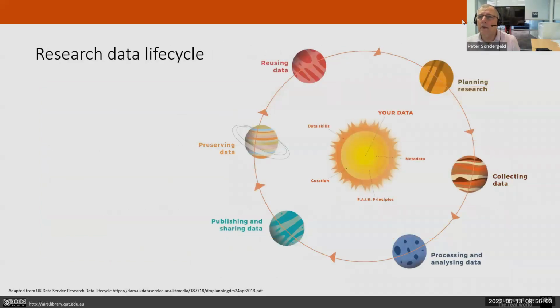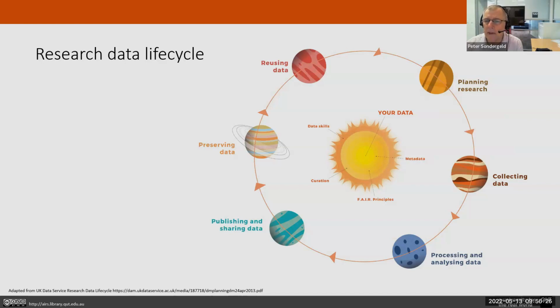So here's a diagram you may have seen before. It is used around QUT to describe the data collection process. We're going to revisit this slide a little bit later on just to recap on what we haven't yet spoken about. But it's going through the cycle of planning, collecting, processing, publishing, preserving, and reusing.